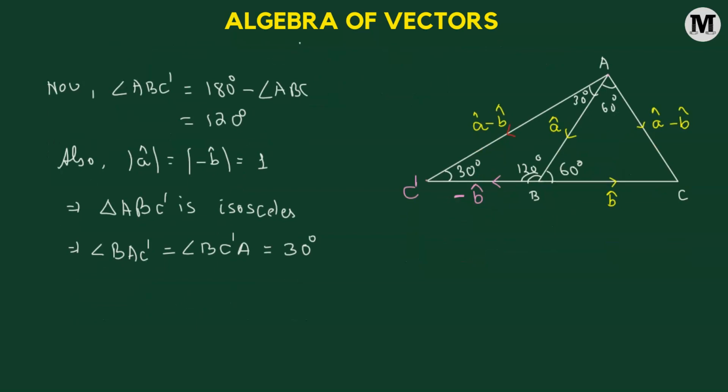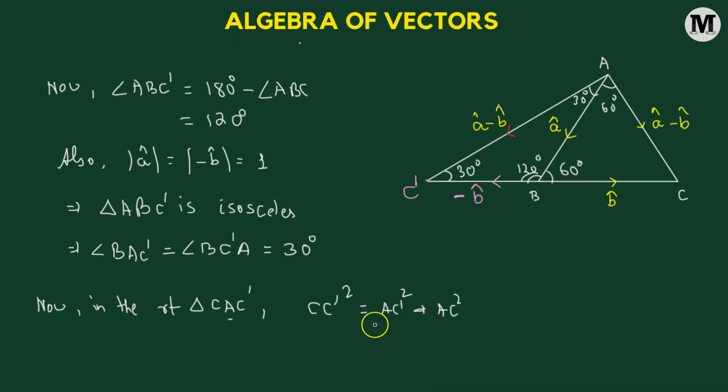So now we can consider the right angle triangle CAC prime, which is right angled at A, and we can use the Pythagoras theorem. So we have the hypotenuse, which is CC prime. We square this, and it will be equal to the adjacent side, AC prime squared, added to the opposite side, AC squared.